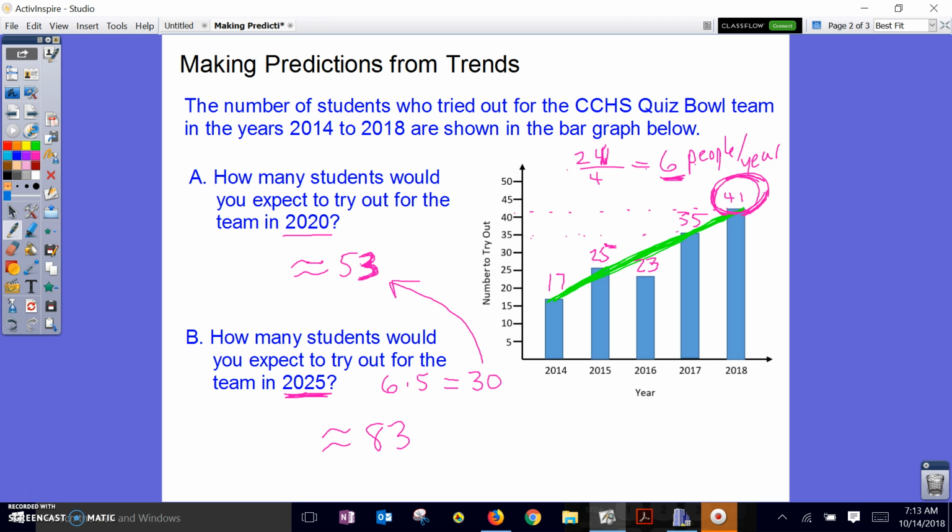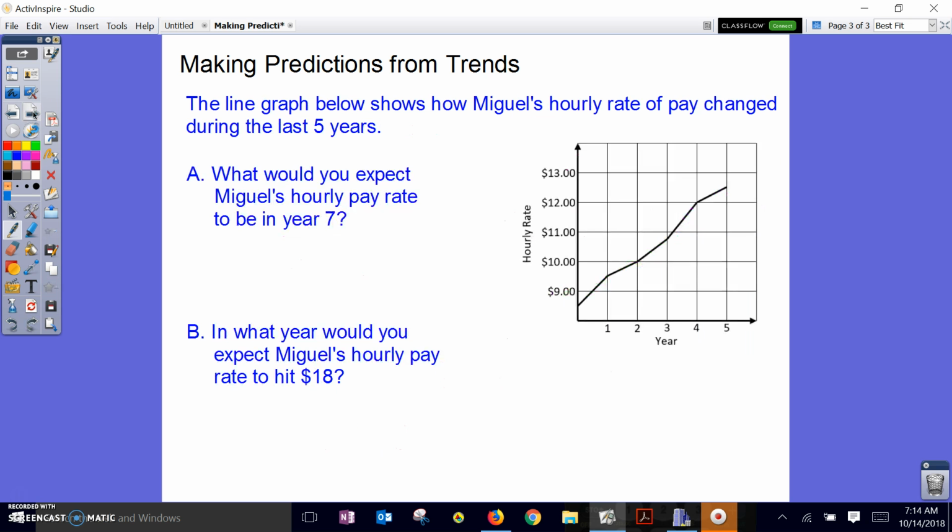All right, let's take a look at another example here. We're looking at a line graph. The line graph below shows how Miguel's hourly rate of pay changed during the last 5 years. What would you expect Miguel's hourly pay rate to be in year 7?